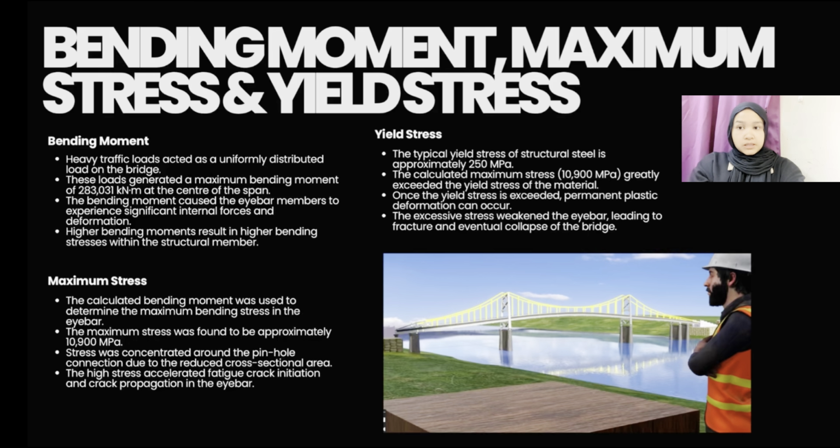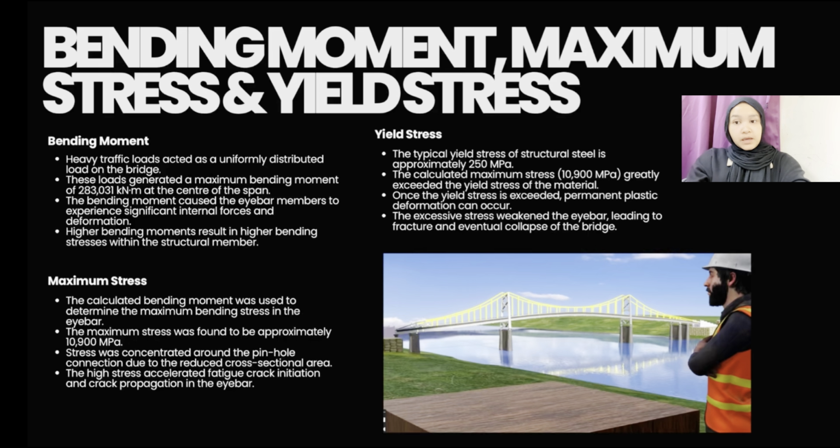For this analysis, the traffic load is assumed to be a uniformly distributed load acting along the bridge span. This load generates internal forces within the bridge members, causing them to bend. This bending effect is represented by a quantity known as the bending moment.